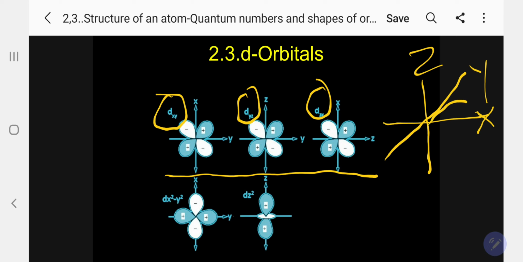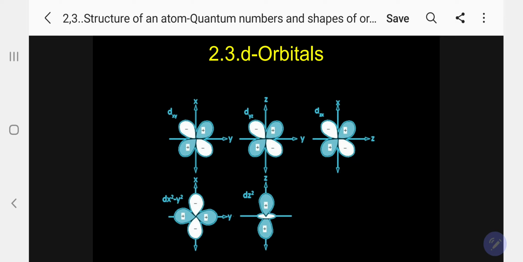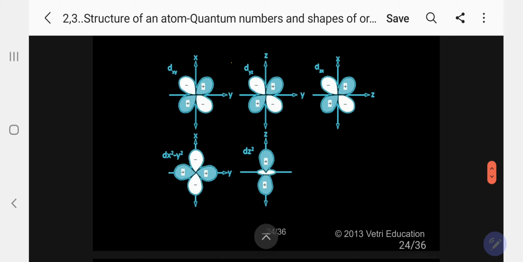That means this one is between this axis and this axis, the XY axes. So these dxy, dyz, dzx double dumbbell orbitals are oriented between the axes, whereas dx squared minus y squared and dz squared are oriented along the axes.